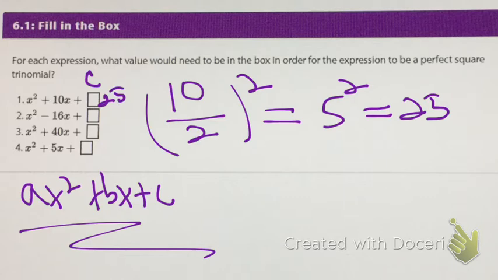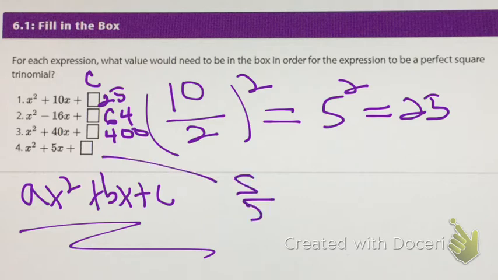And we can do this mentally now. X squared minus 16x, we can actually say that 16 divided by 2 is 8. 8 squared is 64. 40 divided by 2 is 20. 20 squared, 20 times 20 is 400. And 5, that one you can look at like this: 5 over 2 squared. Okay, 2.5 squared.